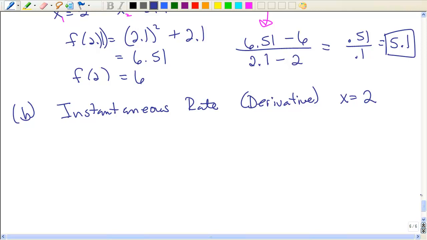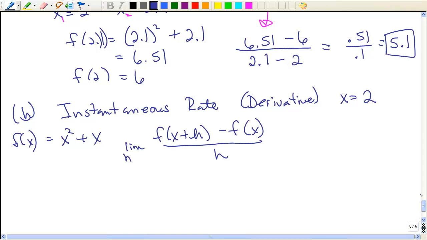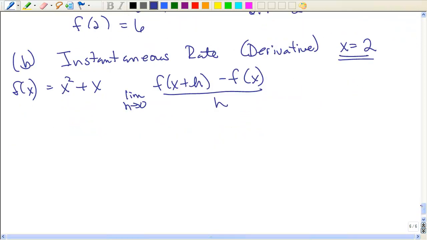So let's see, remember the function was that. So I'm going to take the derivative and then let the limit as h approaches 0, because that h is the distance between the x values. So we went from 2 to 3, from 2 to 2.5, 2 to 2.1, so we're getting closer and closer. Now we're going to be exactly at 2, so we'll have a tangent line.